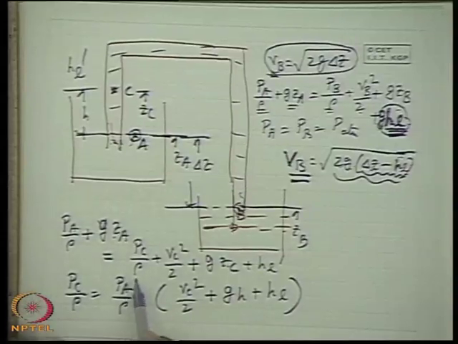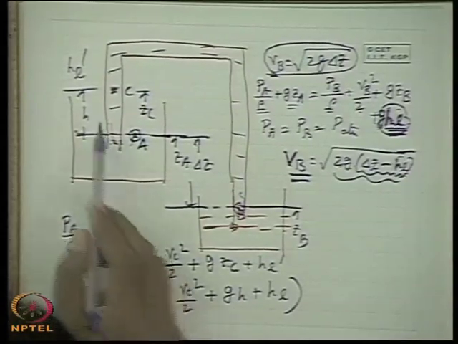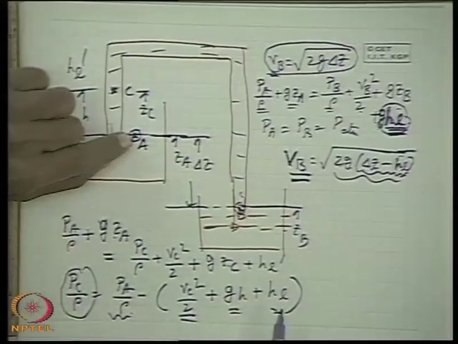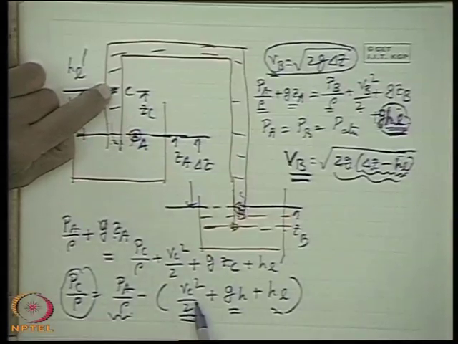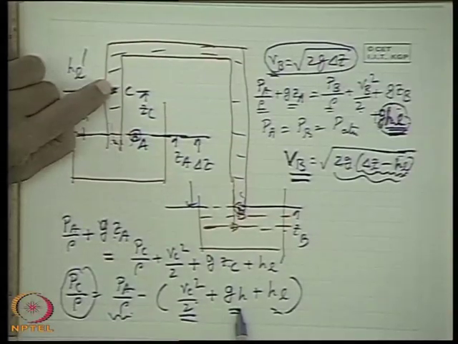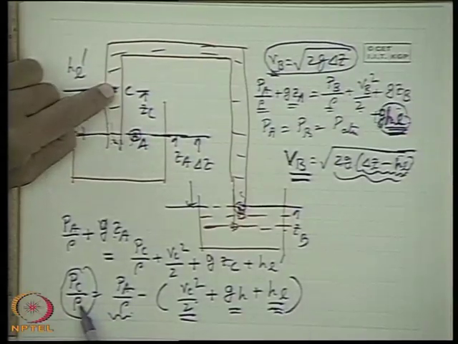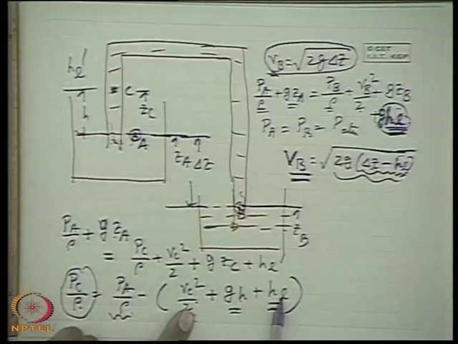So you see PC by rho has to be lower than PA by rho, that means the pressure here is lower by these 3 amounts, which means a part of the pressure energy here is responsible for creating the kinetic energy here, increasing the potential energy here, plus to overcome the friction. That means this pressure has to be sufficiently low as compared to this point, because to take care of this. Alright? It is very simple.